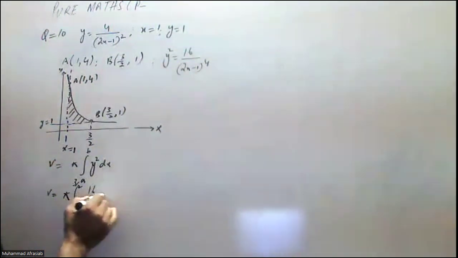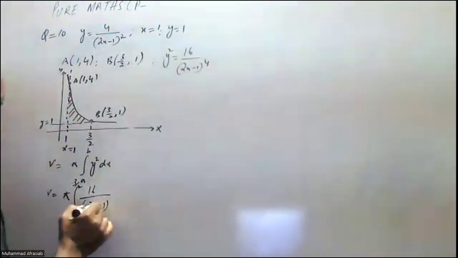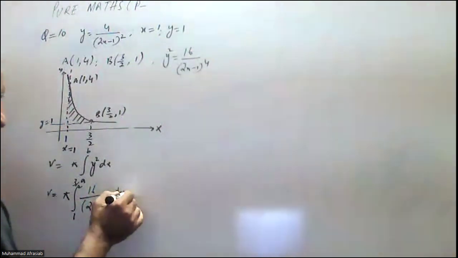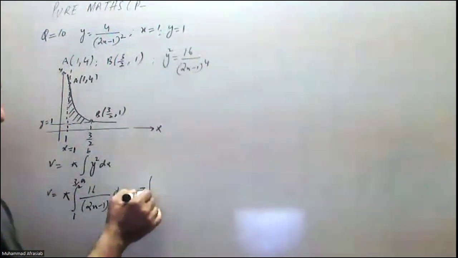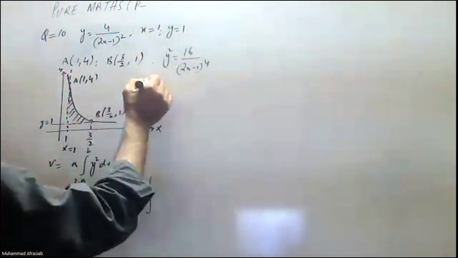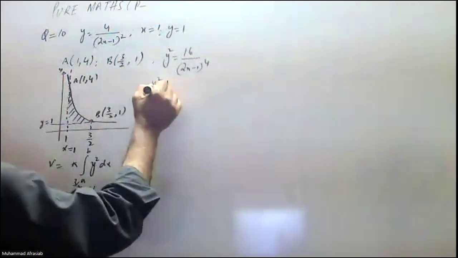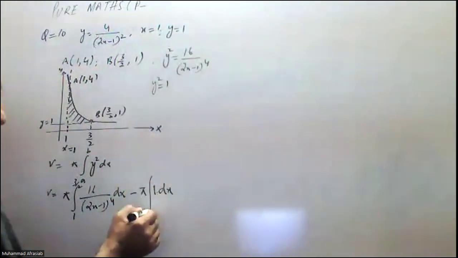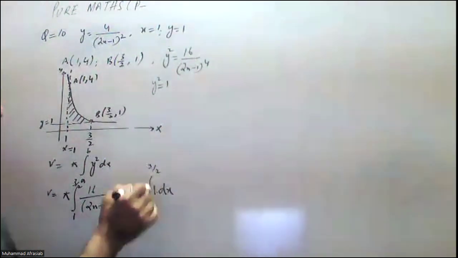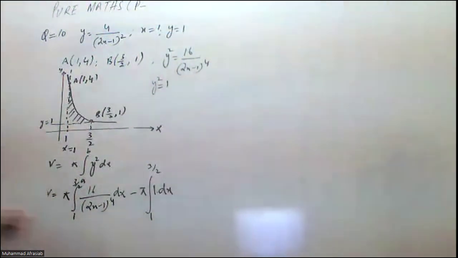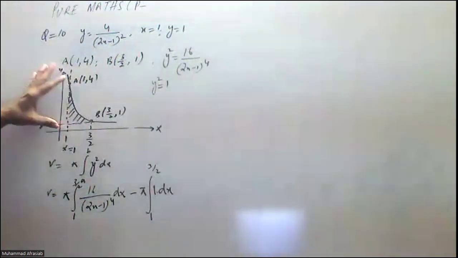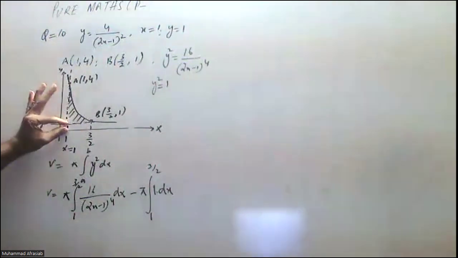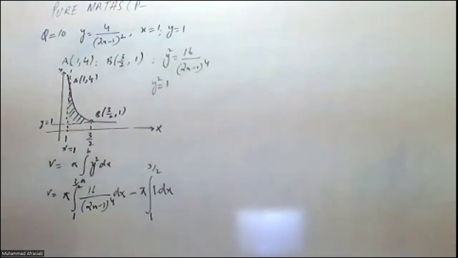So it will be 16/(2x minus 1) power 4 dx, minus pi y square with y equal to 1, so y square is equal to 1, into dx again from 1 to 3/2. So total volume from 1 till 3/2 of the whole figure minus the volume of this small patch is the total volume of the required region for the shaded part of this curve.